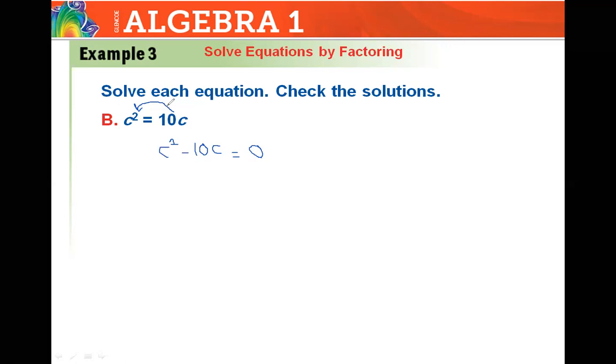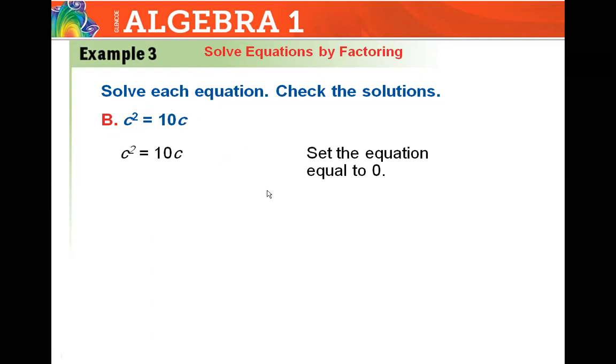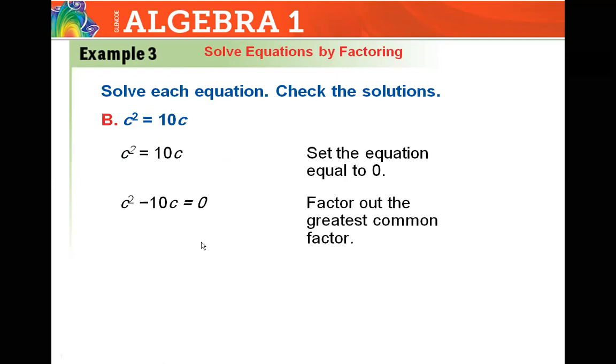You get this to the other side by the opposite sign, or in other words, you make minus 10c on both sides and cancel, and you will get the same result. So the first step, I just make the equation equal to 0. How? This way.